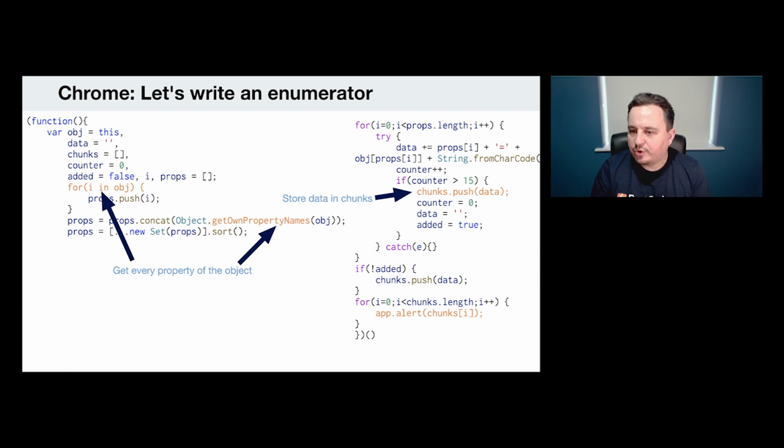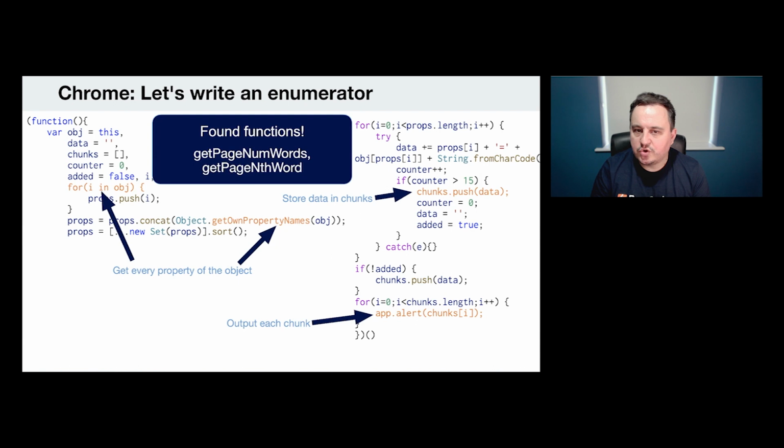So I put all the properties in chunks and then outputted all of the chunks, and then I found two cool new functions that I'd never heard of. These were get page number of words and get page nth word, which sounds super promising for exfiltrating the text of an unknown PDF.